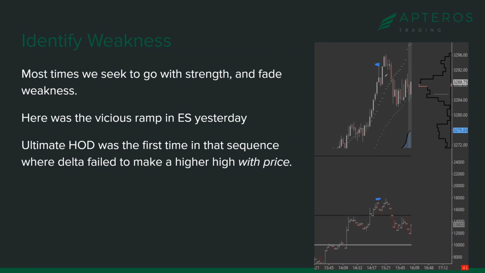And then obviously we sold down a little bit. Delta sold down a little bit. And then price ramps pretty much twice as high as this, right? This rotation is like twice as high up to here. And delta didn't quite get up to where it was before. So that's the first time we saw some kind of a weakness during that sequence.